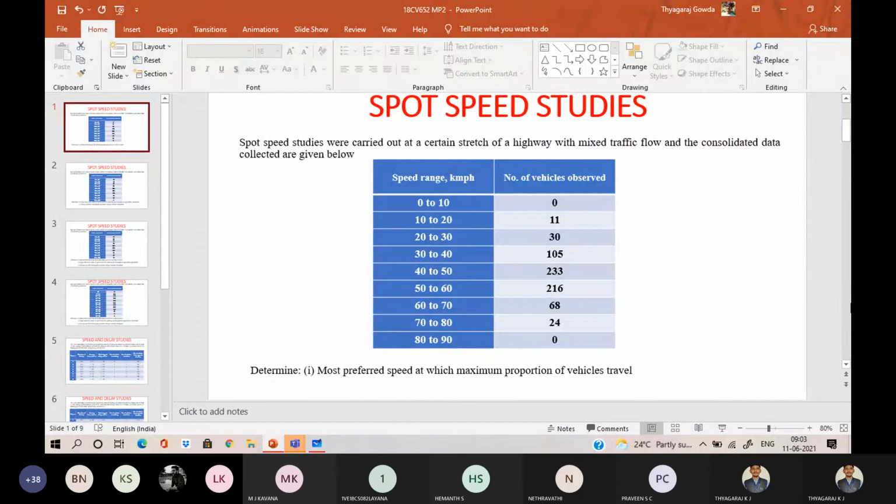Mixed traffic flow means all the various categories of vehicles will be using the road. So for that we will be determining the speed at which the maximum portion of vehicles will be moving. So kindly note down.